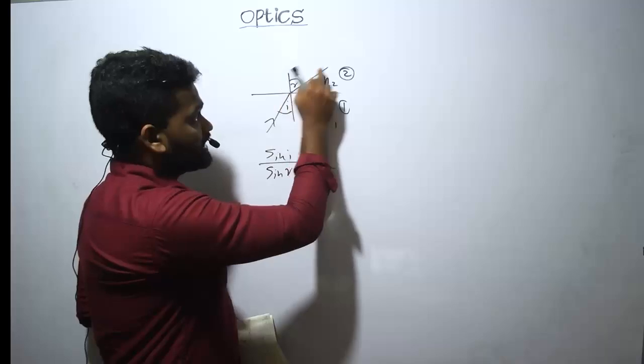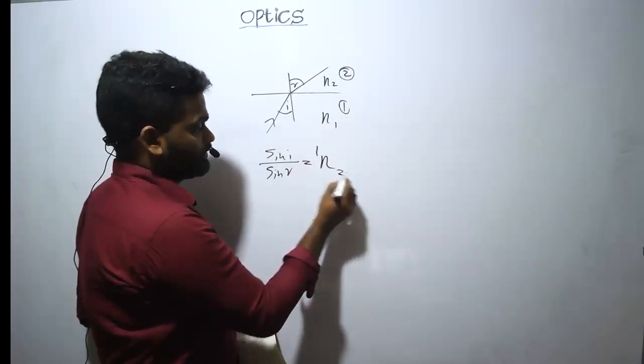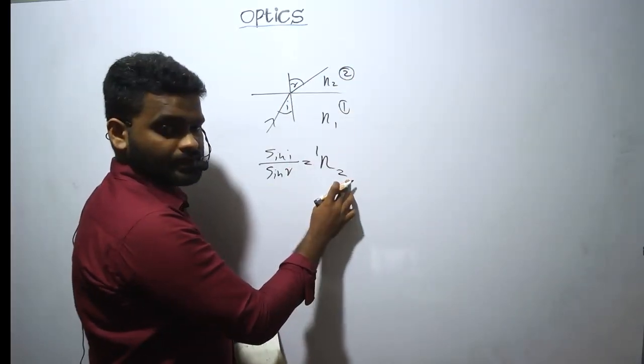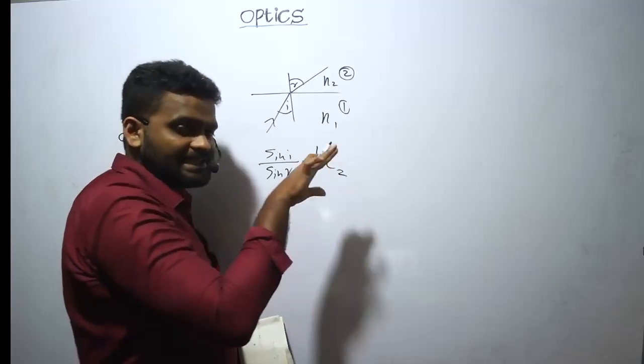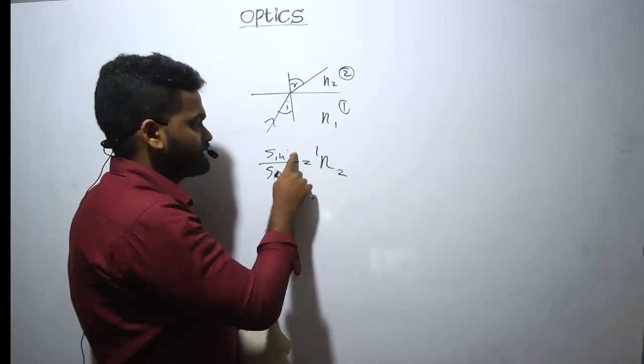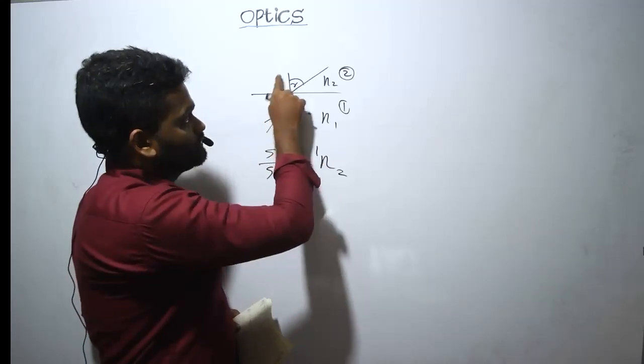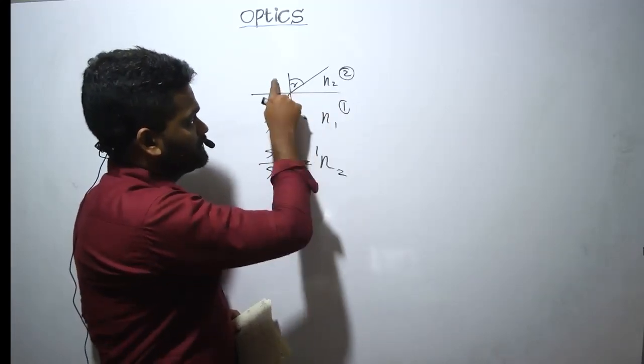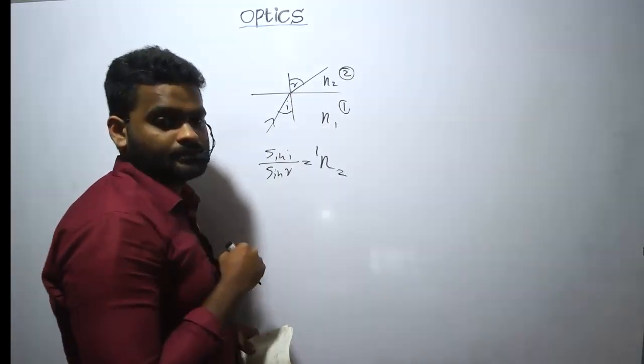If it is sin r, you go to medium 2. You have to clearly understand that difference, otherwise you would mix that up. Sin i1, sin r2.